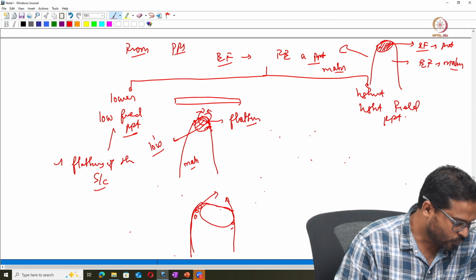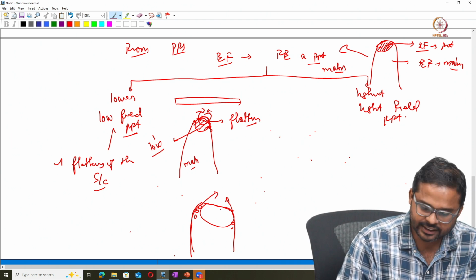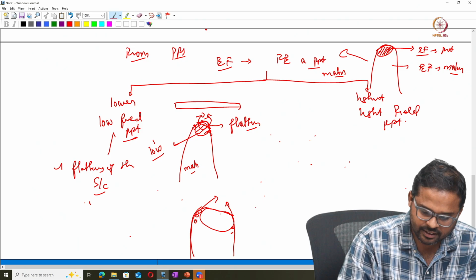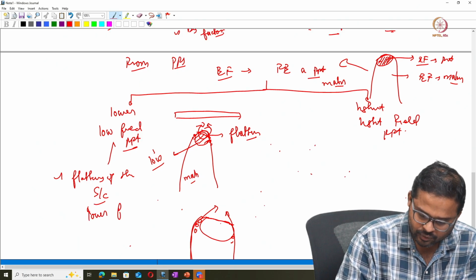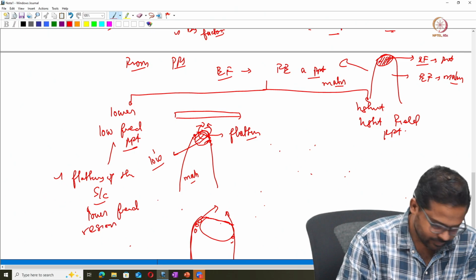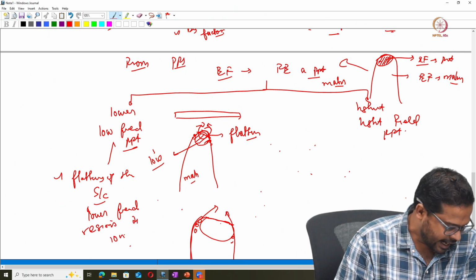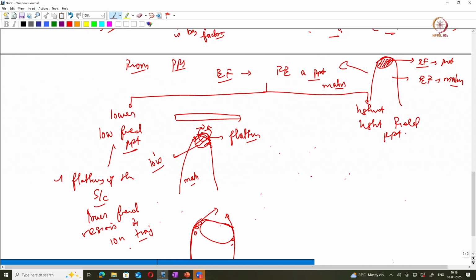So this results in lower field regions that deflect the ion trajectories inwards. It means that at this location in front of this precipitate there will be a high density of ions, and here there will be a low density.